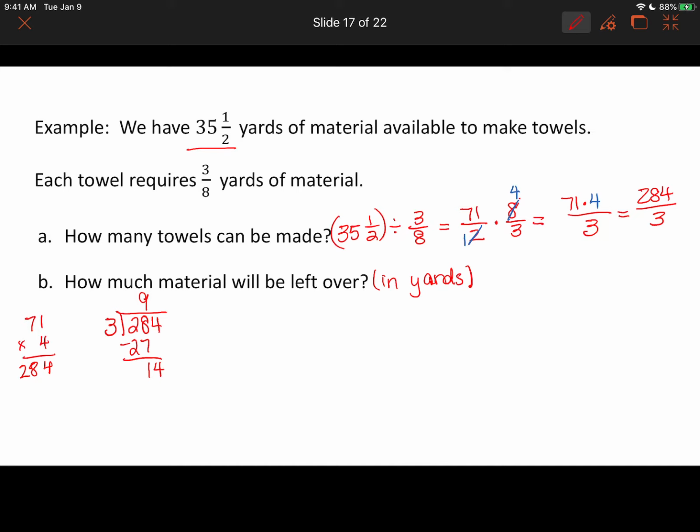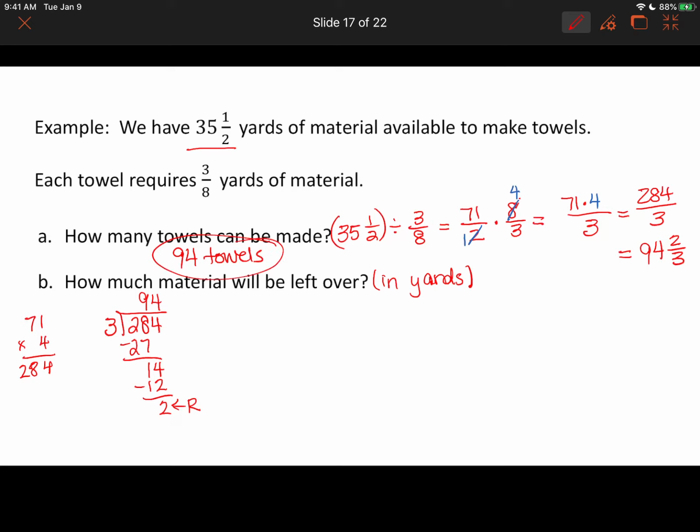How many times does 3 go into 14? 4. I'm going to subtract 12, and I'm left with a remainder of 2. So 284 over 3 is equal to 94 and 2/3 towels. So how many towels can be made? 94 towels.